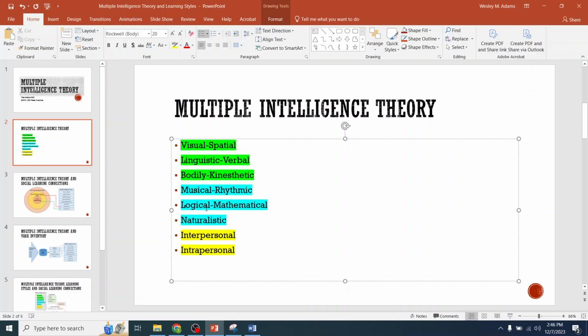Logical mathematical. I thought I was terrible at math until I actually put forth the effort to learn mathematics and found that I was actually fairly good at math because it's procedural, it's process oriented. A lot of people that are kinesthetic learners, that learn by doing, a lot of skills are procedural. They're steps that you follow. You do things in a certain sequence. And they tend to be fairly good at math.